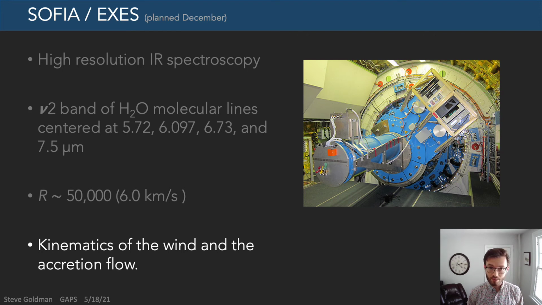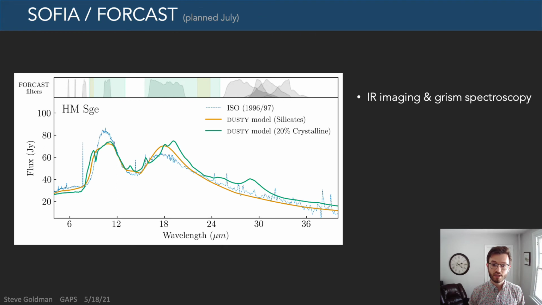And then lastly, we have upcoming SOFIA IR imaging and grism spectroscopy with FORCAST. And so we'll be doing imaging in each of these gray and orange filters on the top, and then grism spectroscopy in those green shaded regions. So on the bottom, I'm showing a previous ISO observation of the system from the late 90s, as well as a couple of dusty models that we've fit to this system.